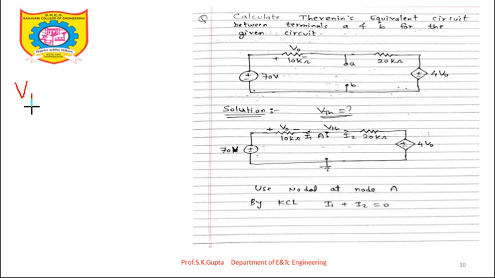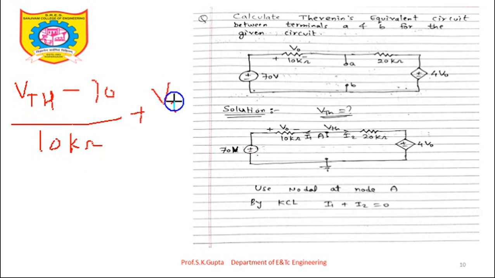So I have the nodal equation. I1 plus I2: I1 is VTH minus 70 divided by resistance 10 kilo ohm, plus I2 is VTH minus 4 V0 divided by resistance 20 kilo ohm, equal to 0.